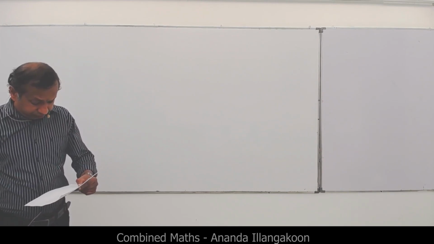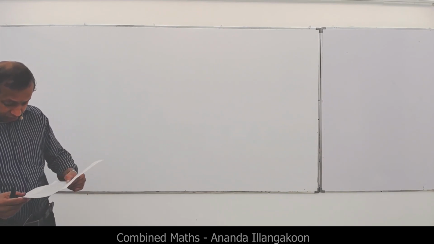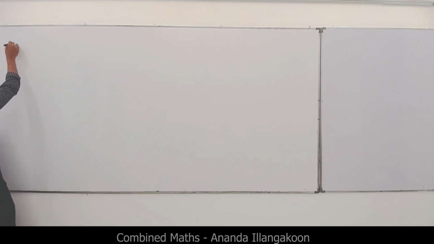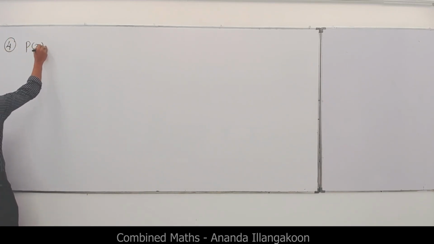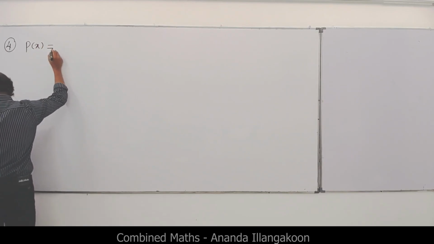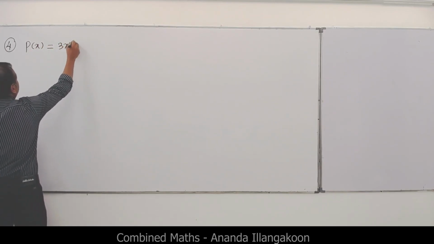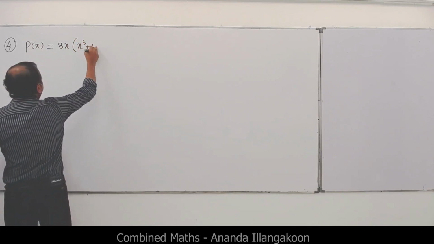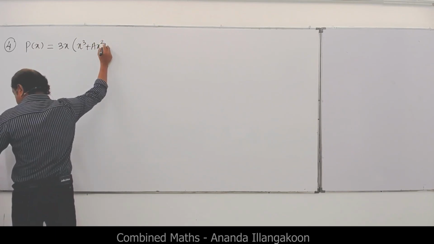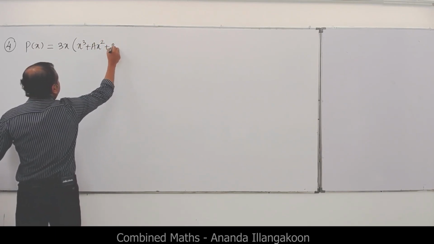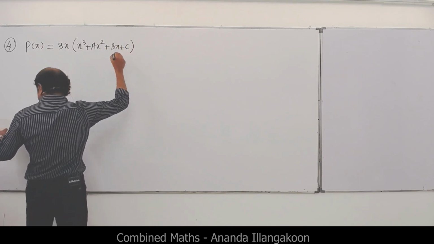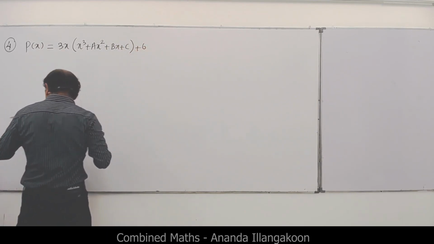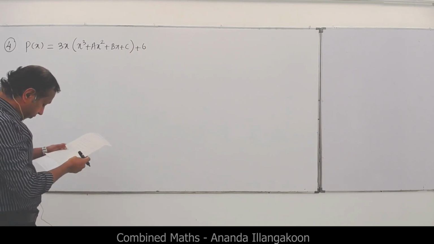Px given this way, be a polynomial function of degree 4. Px, it is 3x times x cube plus ax squared plus bx plus c plus 6. Be a polynomial function of degree 4.